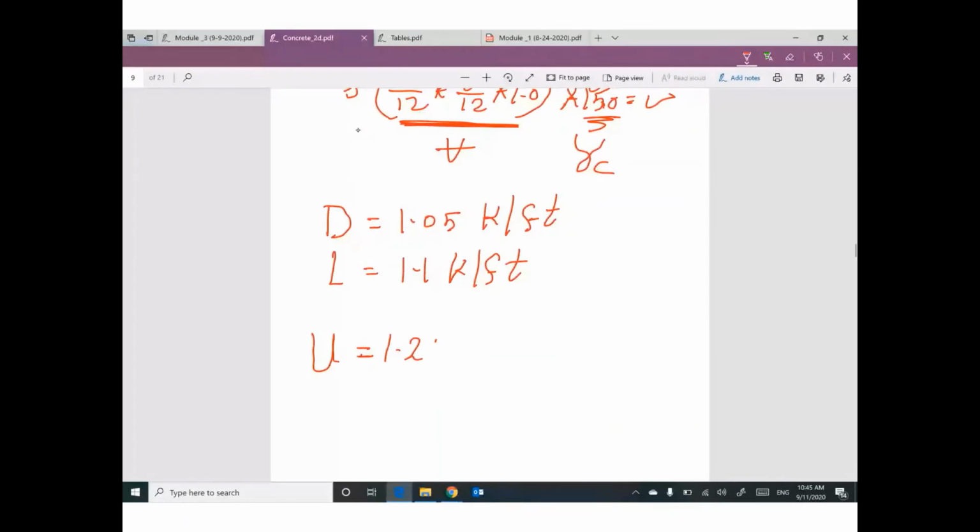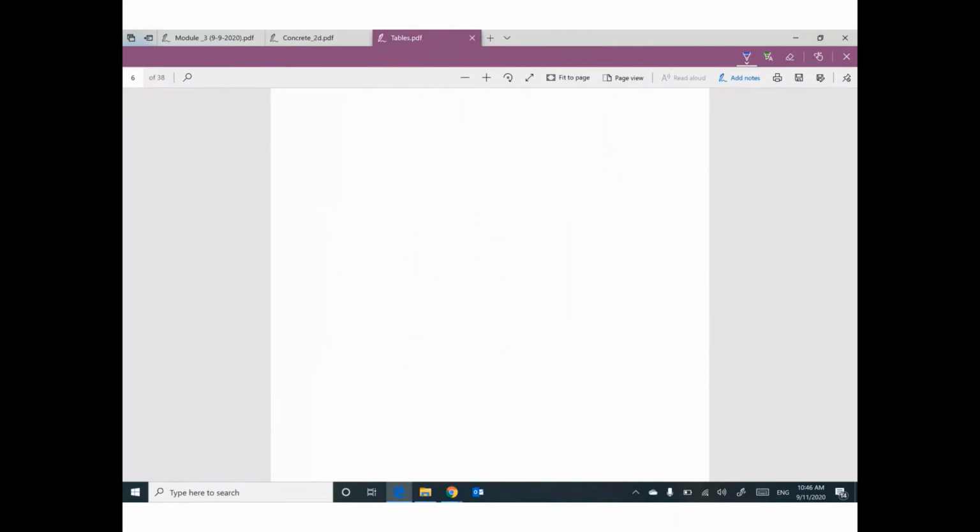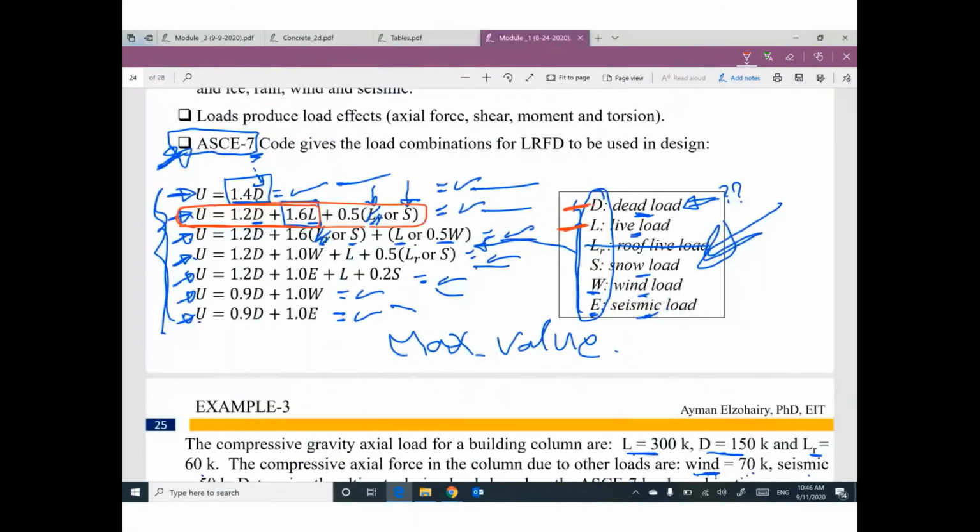We don't have anything else. We don't have snow, earthquake, wind, or roof live load. We just have dead and live. So I will multiply dead by 1.2, live by 1.6. We don't have LR, we don't have S, so this term is neglected.